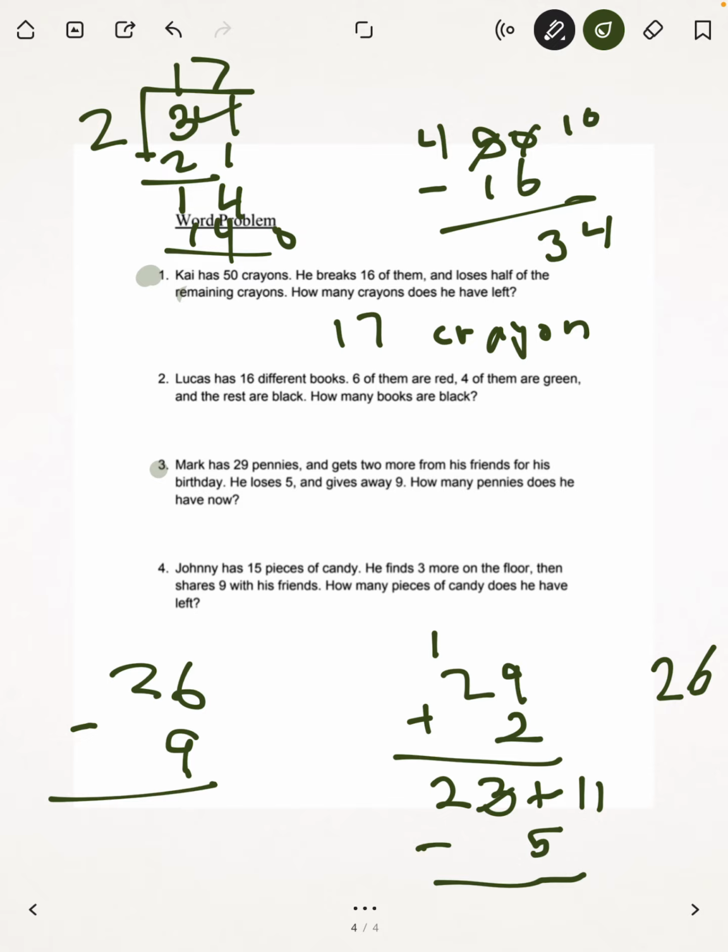Okay, so you can't subtract 9 from 6, so what you have to do is borrow. So it becomes 16, and 16 minus 9 is 7. Just bring down the 1. So he has a total of 17 pennies left.